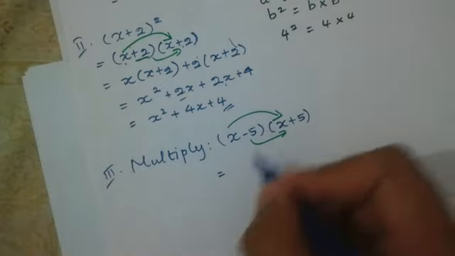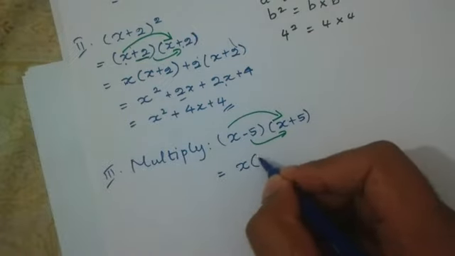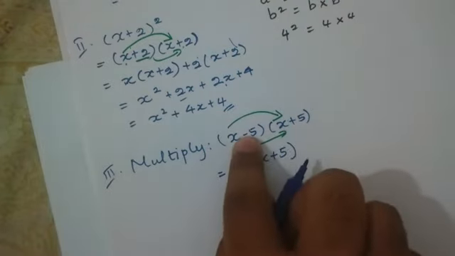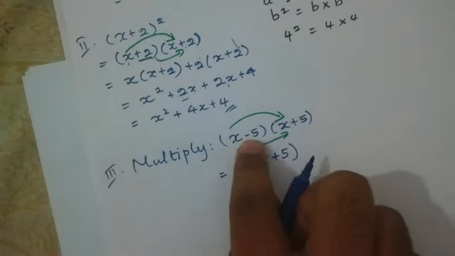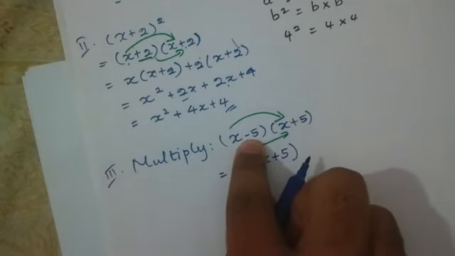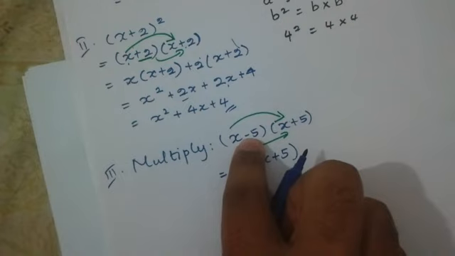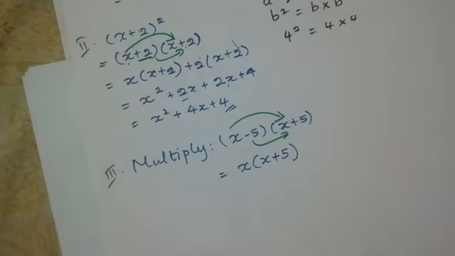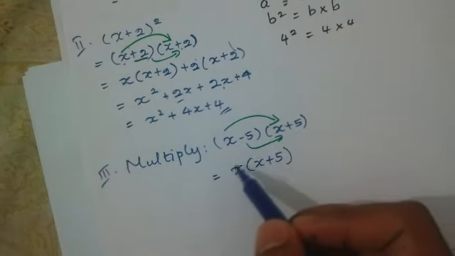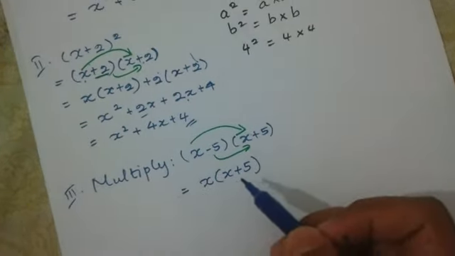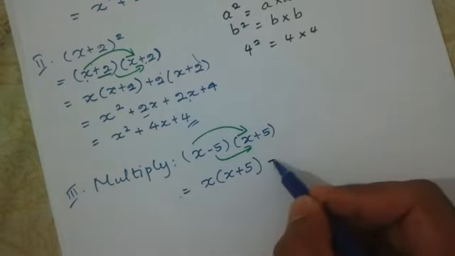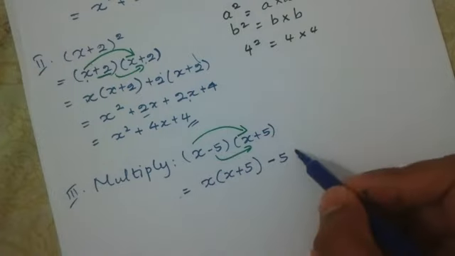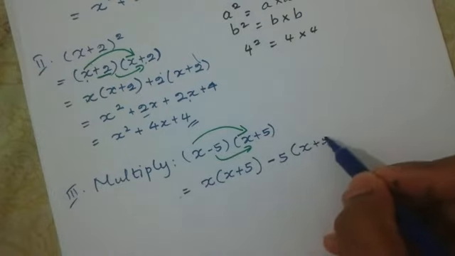You have to concentrate on the sign in front of the number. If there was a minus, you have to write the minus, and if there was a plus, it's plus 5. So here you multiply by minus 5, not positive 5.